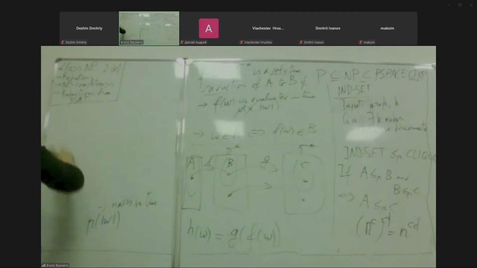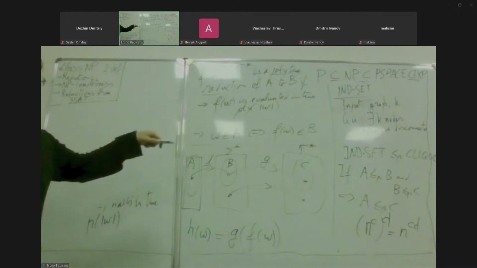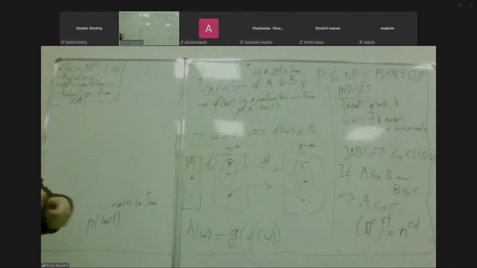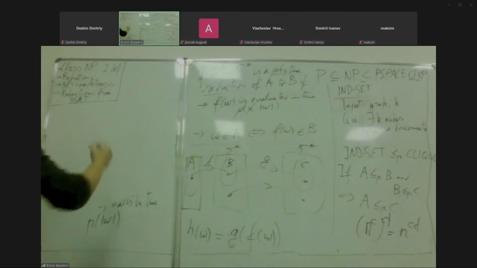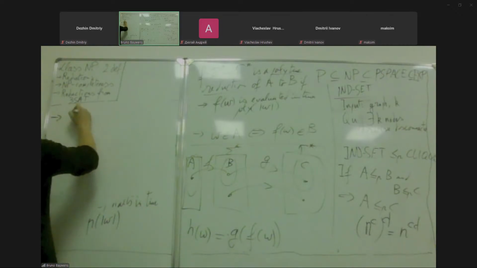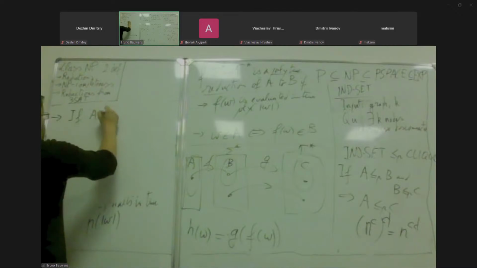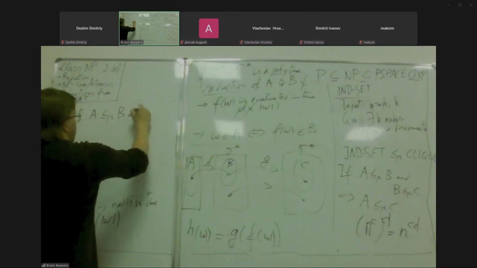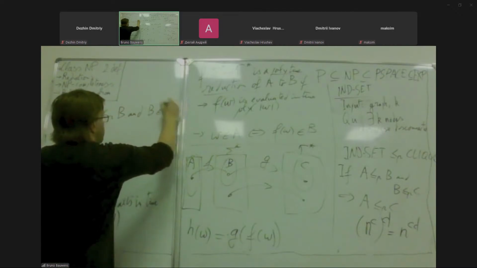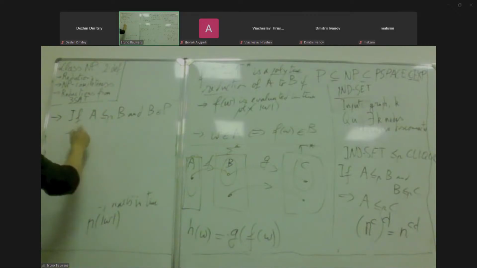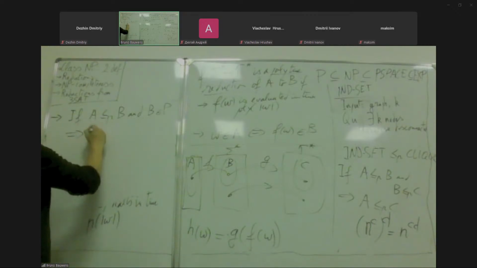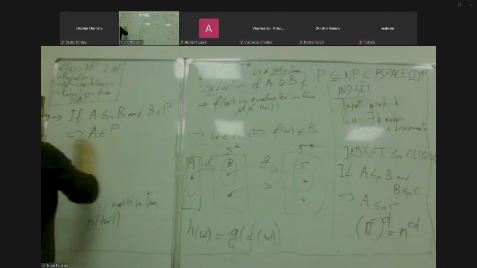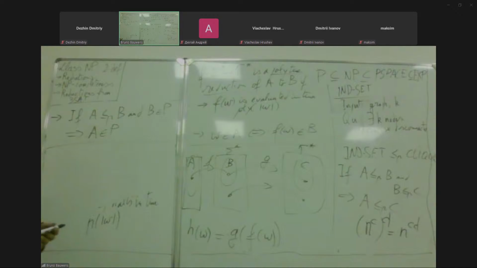Property 2: if B is in P and A reduces to B, then A is in P. So why is this true?